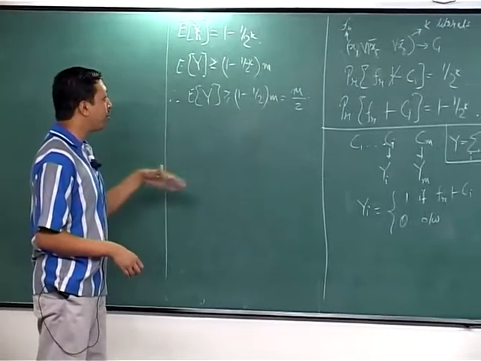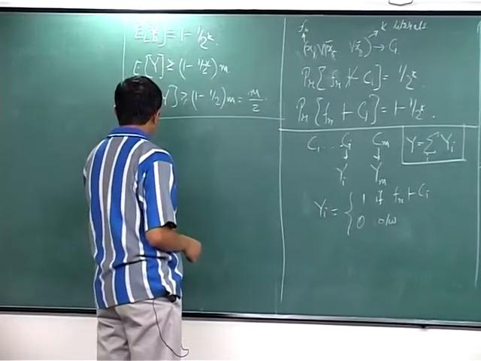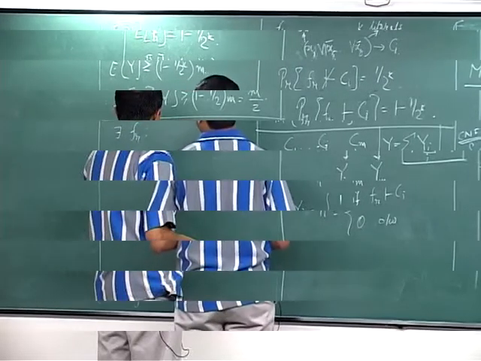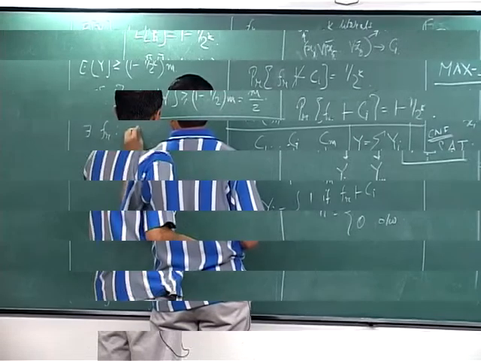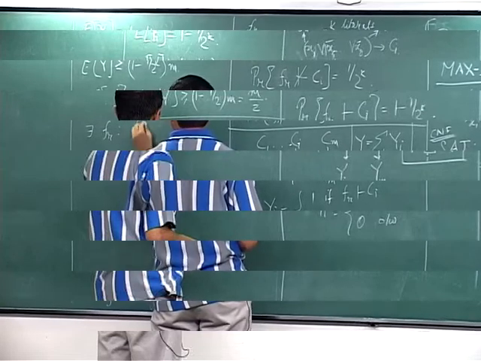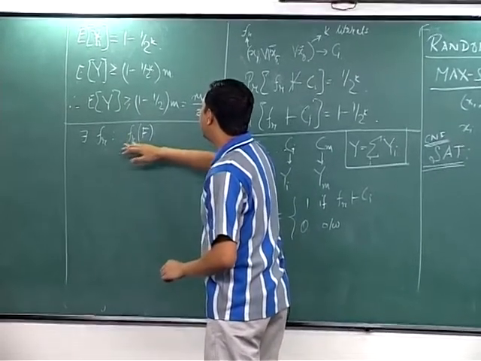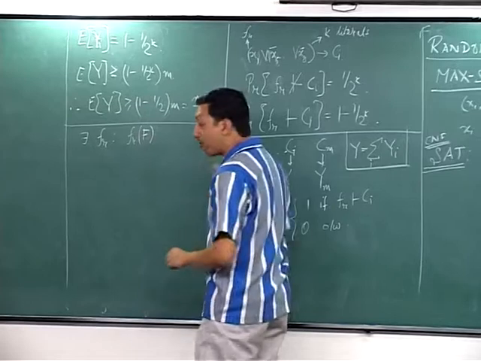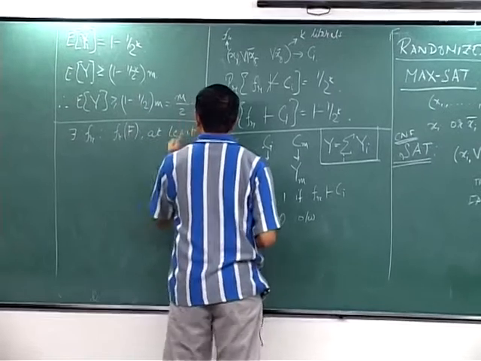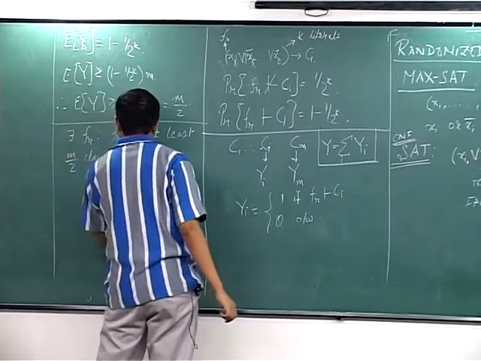So from this, what you can say is that there exists an Fr such that when I give the assignments according to Fr, at least m by 2 clauses get satisfied.